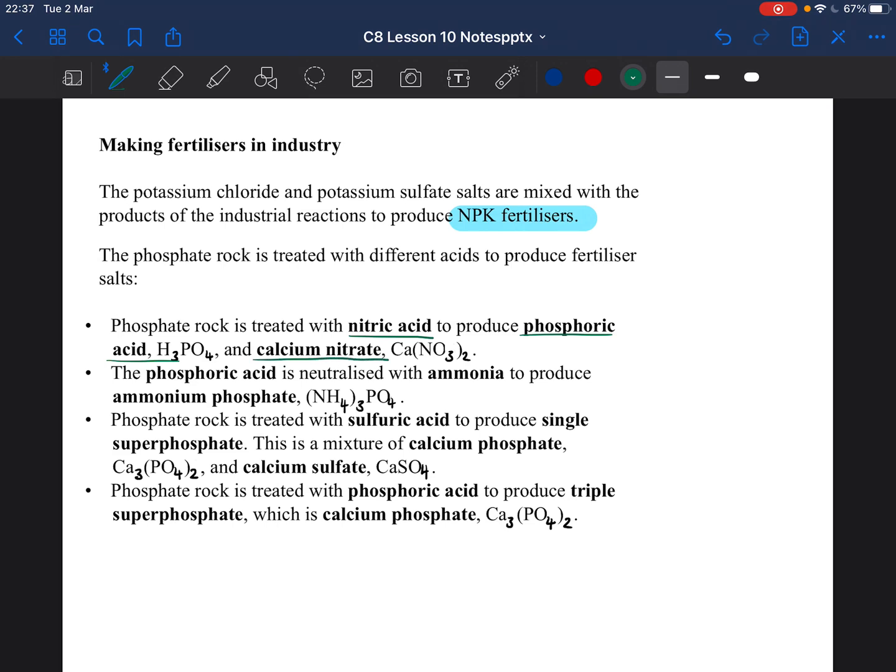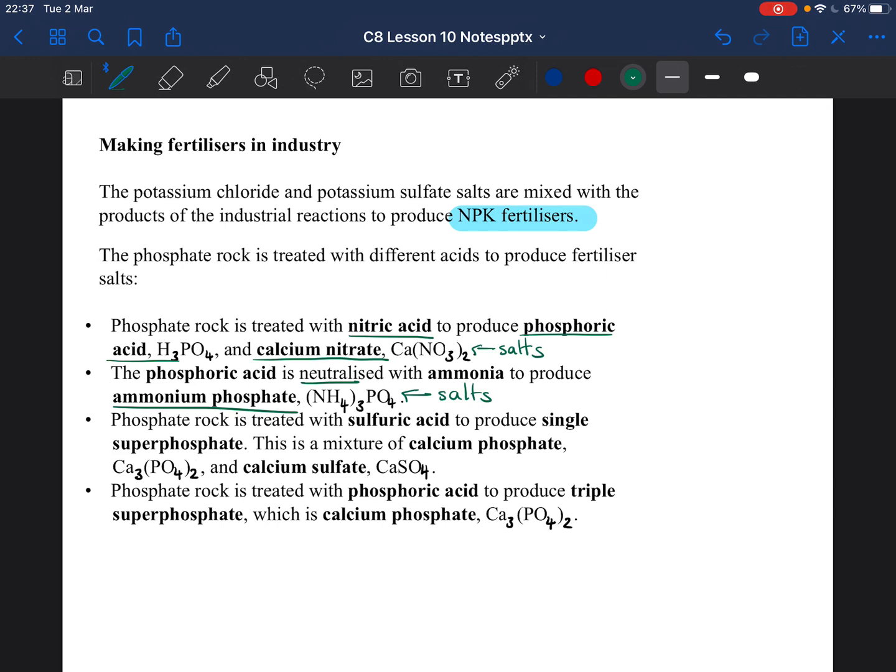And the calcium nitrate is one of our salts. The phosphoric acid is then reacted with ammonia in a neutralization reaction to produce ammonium phosphate. This is another one of our fertilizer salts. This is one of the key ones. This is one that we will use later on to make our NPKs.